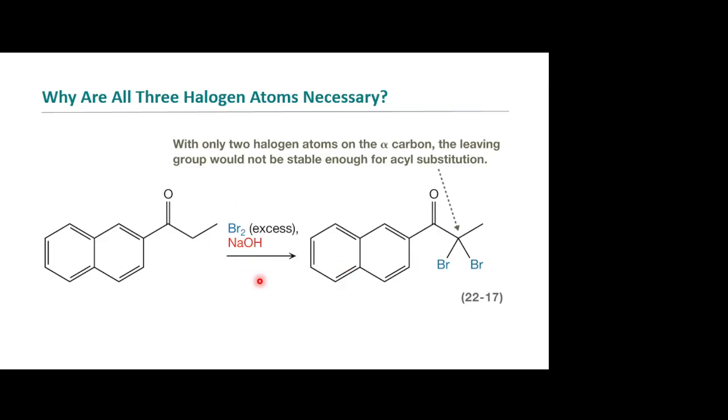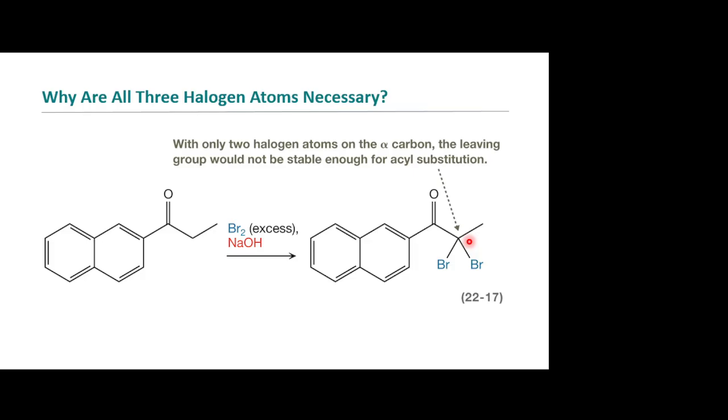So why are all 3 halogen atoms actually necessary for this? You notice we did a methyl here. We didn't do an ethyl, propyl, none of that stuff. If we only do 2 halogen atoms at that alpha carbon, that leaving group's not going to be stable enough for your acyl substitution. We're not going to be able to get attacked by the OH here, where this group leaves.